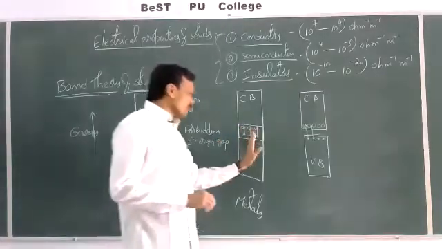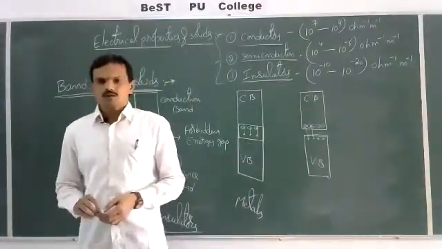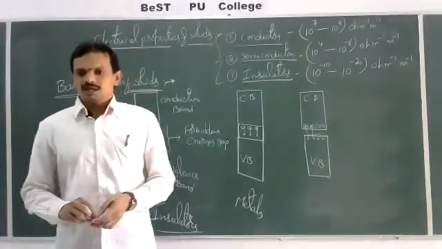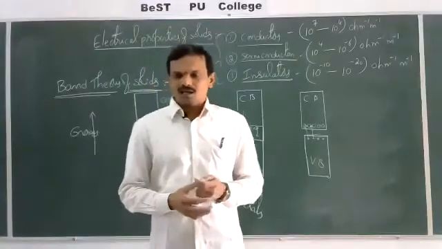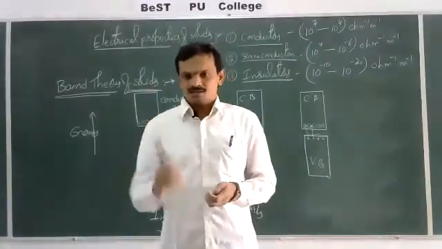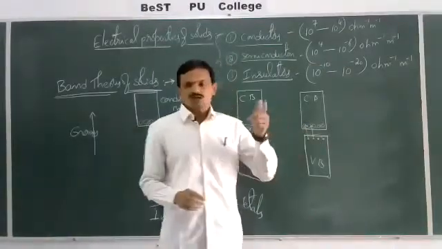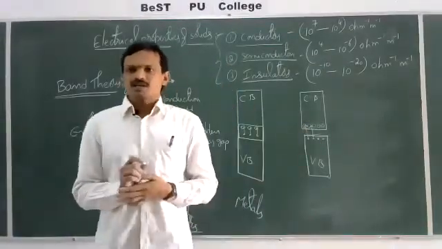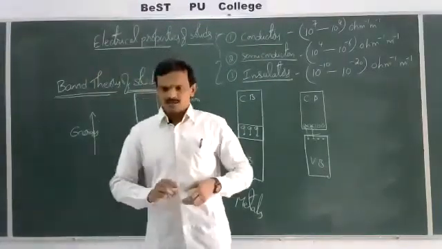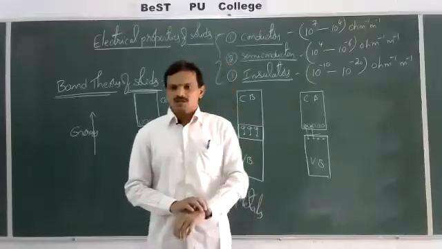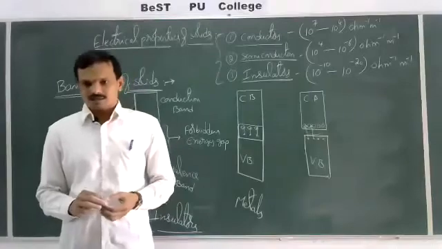Now, if you compare conductors and semiconductors, in case of conductors, meaning metals, with increasing temperature, electrical conductivity decreases. Whereas in case of semiconductors, with increasing temperature, conductivity increases. What is the reason? In case of conductors, with increasing temperature, the oscillations of electrons increase.